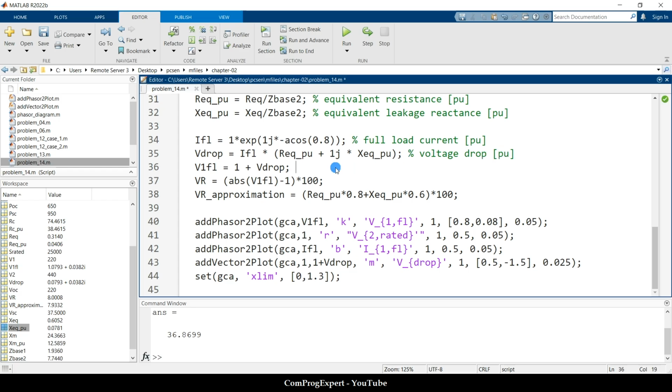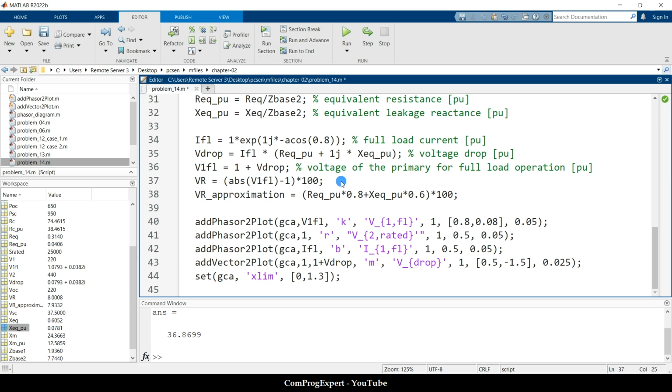This is the voltage of the primary for full load operation. What is the value? It is equal to 1 plus voltage drop. We need to calculate the absolute value of the V1 for the full load.